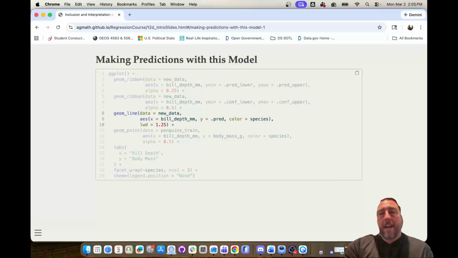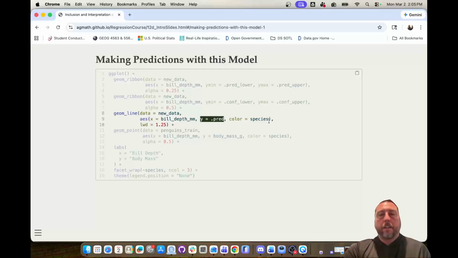On top of that, I'm going to add a line. This line is going to be my model's predictions. I'm going to use bill depth in millimeters as the horizontal location. You'll notice that's consistent across all of the layers in this plot. It should be. The height of that line is going to be the predicted values.